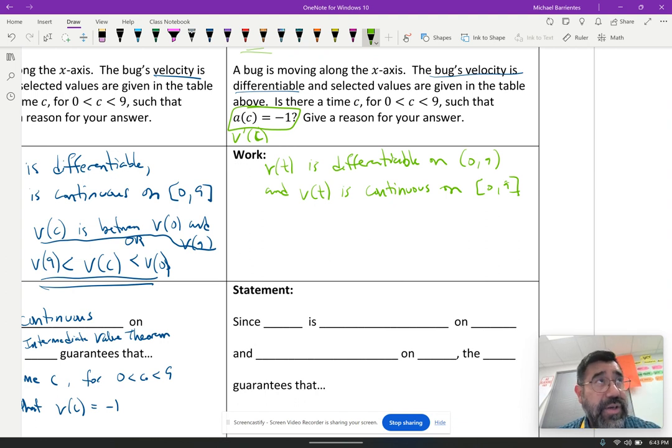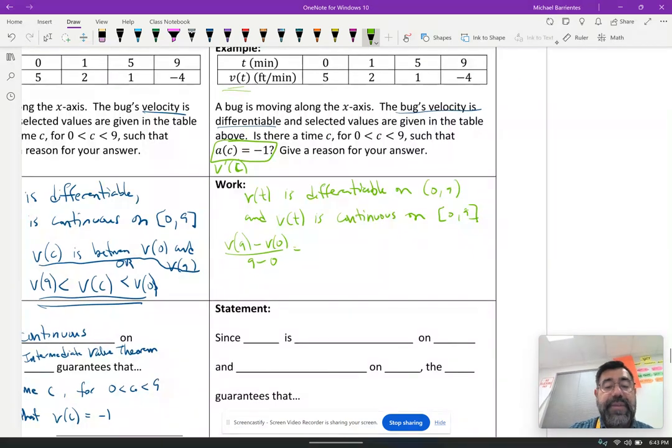And then I need to show what the average rate of change is. Let's see, v of 9 would be negative 4 minus v of 0, which is 5, over 9. So then this is just going to be negative 1.